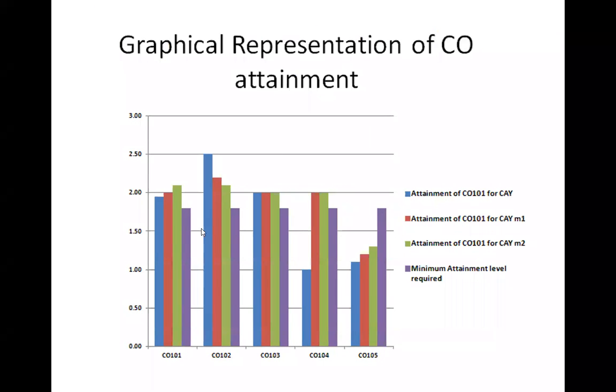You can draw a graph also for current attainment, for current academic year minus 1, current academic year minus 2, and this color indicates the minimum attainment level. So from this graph you can see that here the attainment is satisfied, here also satisfied, but here it is not satisfactory.